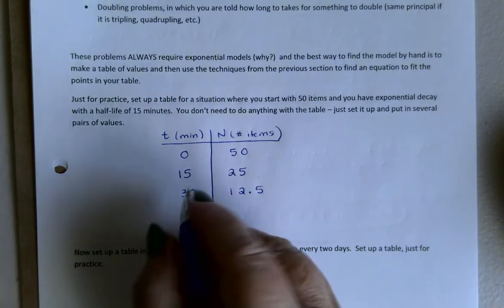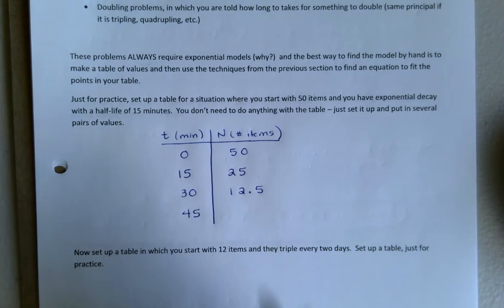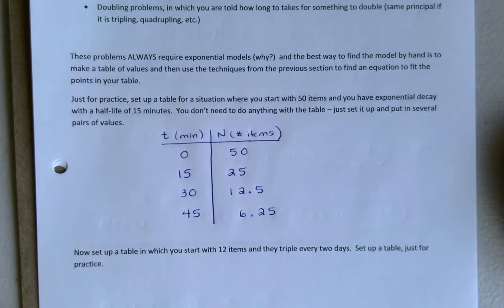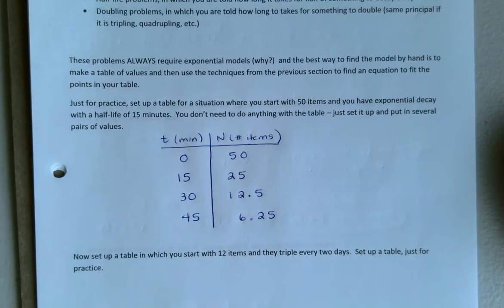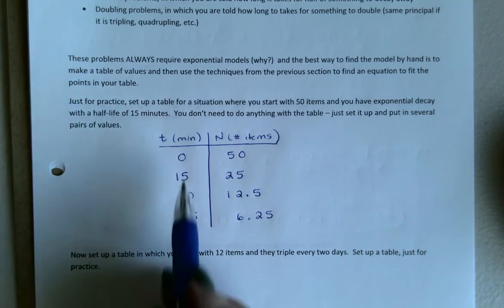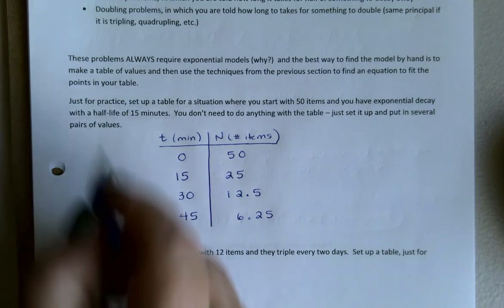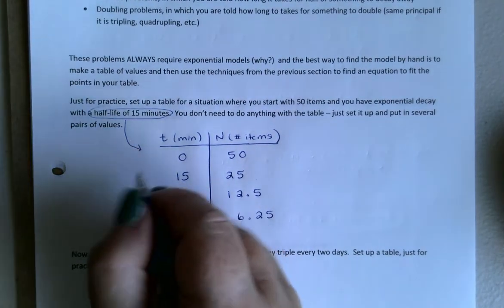After another 15 minutes, 45 minutes, cut it in half again, 6.25. So when you're creating these tables of values for half-life problems, your inputs are going to continually go up by the amount of the half-life.